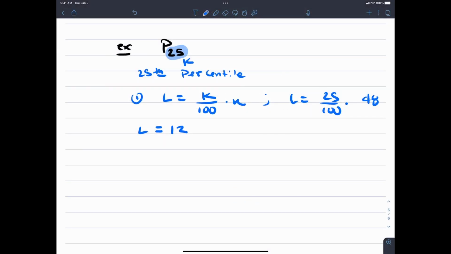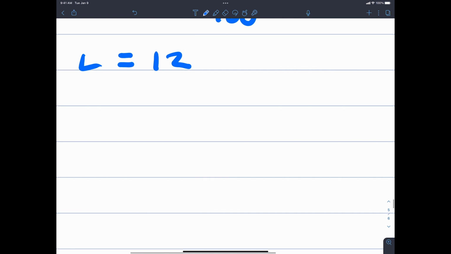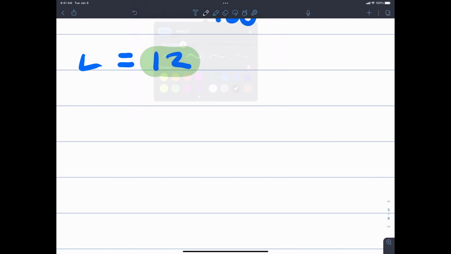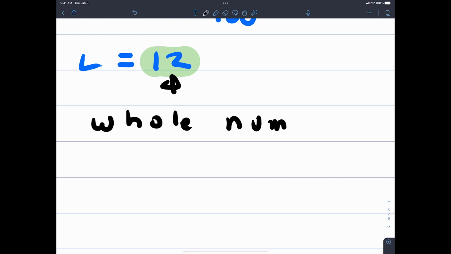So I want you guys to notice something here. 12, this is really not a decimal, is it? What kind of number is 12, by the way? This is going to be what we call a whole number. Whole numbers look like this: 0, 1, 2, 3.